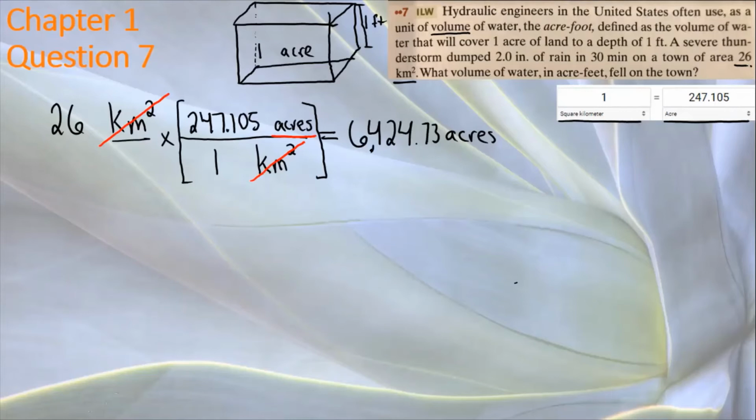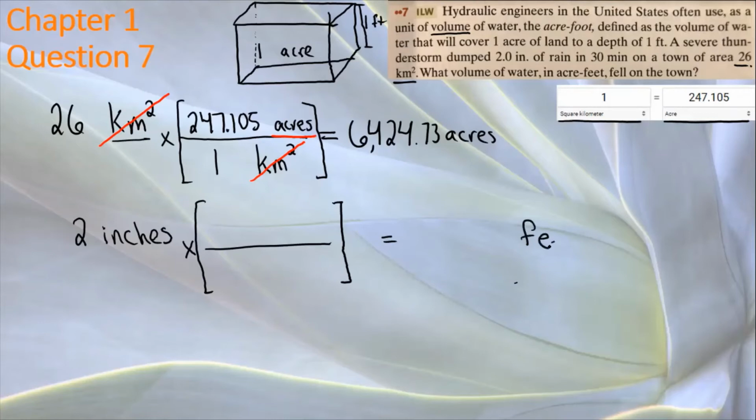So now that we know how many acres we have, we next want to figure out how many feet of water were dumped on this area. So we can set up another conversion factor that says 2 inches, and here's our conversion factor. We want to convert inches into feet, so we have to know how many inches are in a foot.